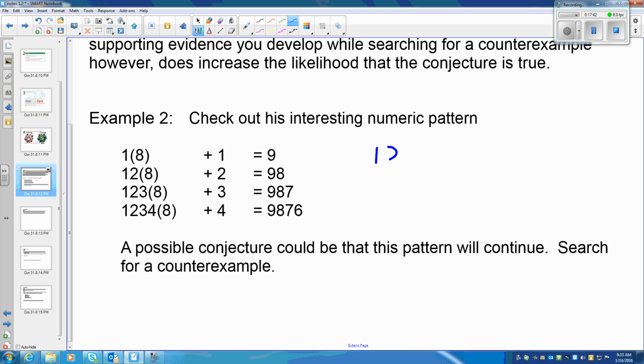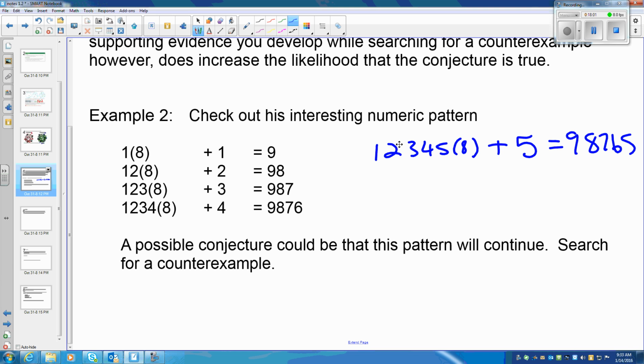So I could go 12345 times 8, and then I'd go plus 5 is equal to, and I'm going to guess it equals 98765. Okay? I'm going to give you guys 1 minute. First person to find the counterexample, let me know. Try and find a counterexample of this.